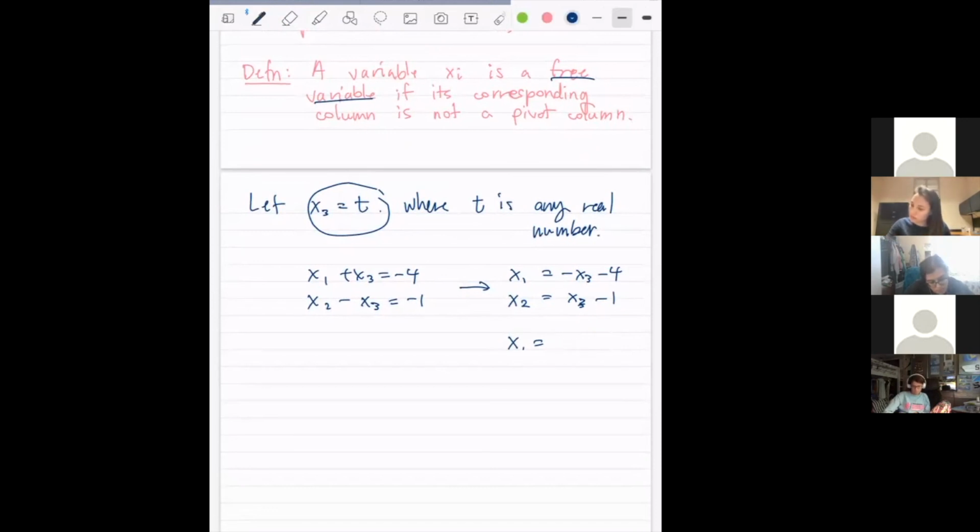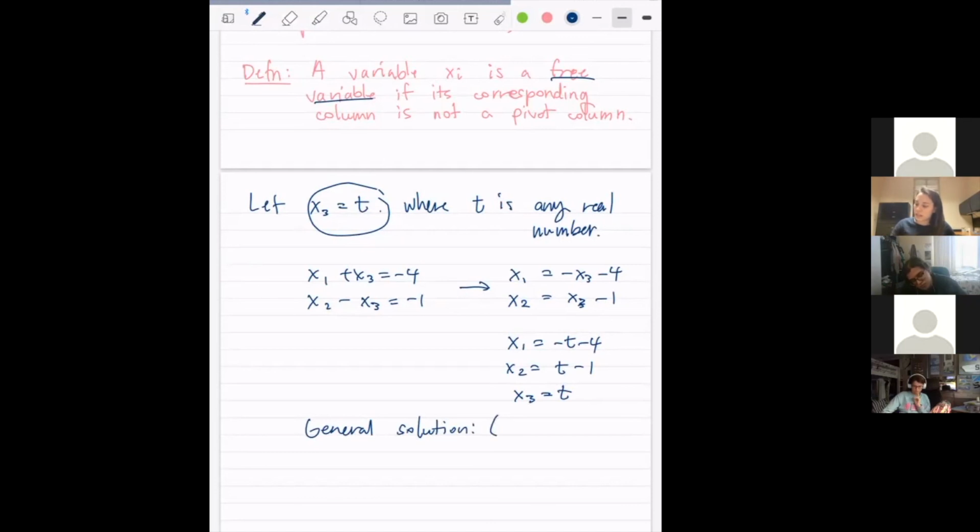Okay. So we would get this t minus 1. Okay. So we have an expression for x1 and x2, and remember that x3 was t. So we can write down what we will call the general solution. So this is what we will do when we have infinitely many solutions.